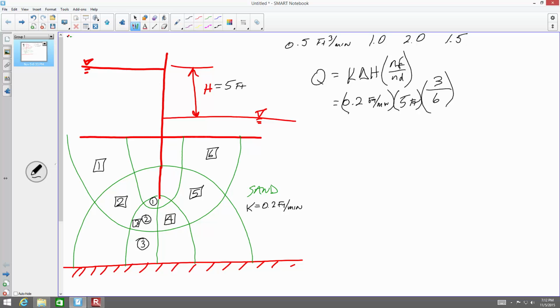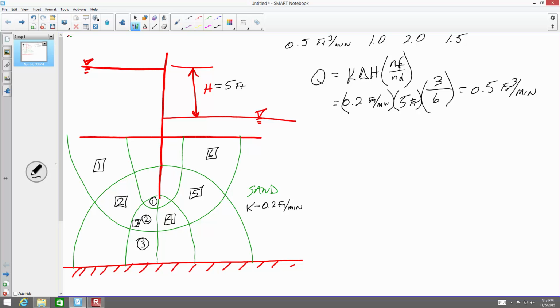And if I flip to the right page here real quick, we'll see that should come out to be 0.5 feet cubed per minute. If the sheet pile's excavation is 50 feet long into the board, what's the capacity of the pump needed to handle the flow?